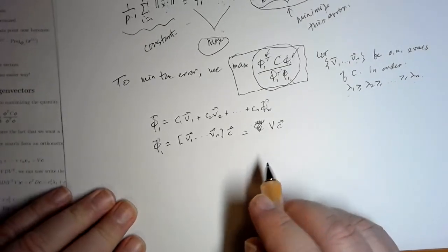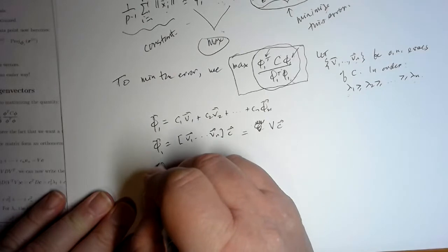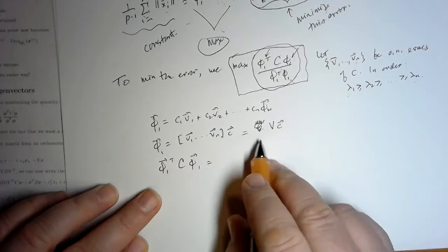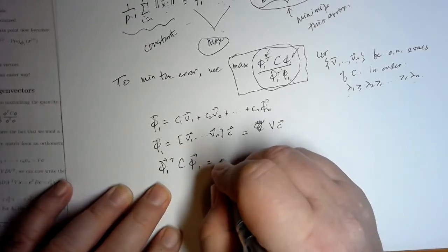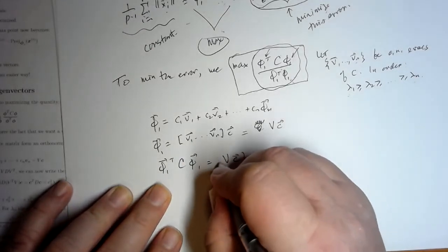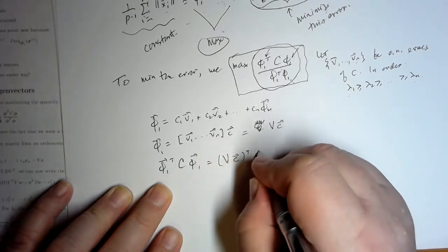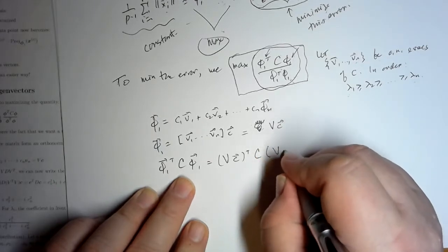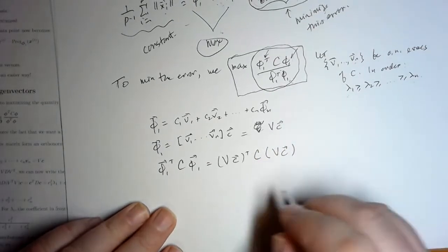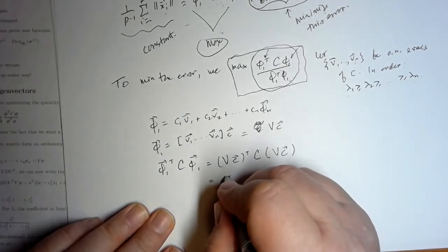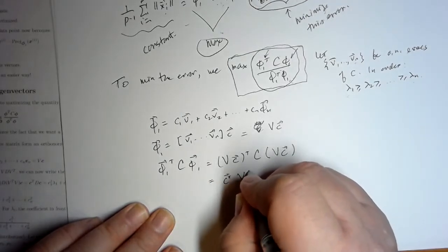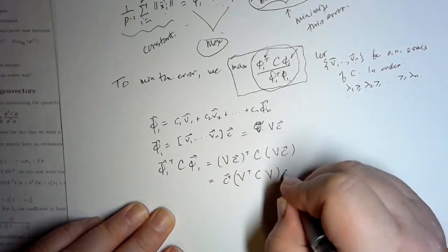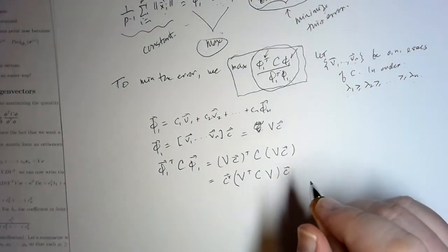Good. So then, what is phi1 transpose C times phi1? Well, that's going to be the matrix V times the vector C, transposed, times the covariance matrix C, times V times C. So that's the vector C transpose, matrix V transpose, C, times V, times vector C. Good.